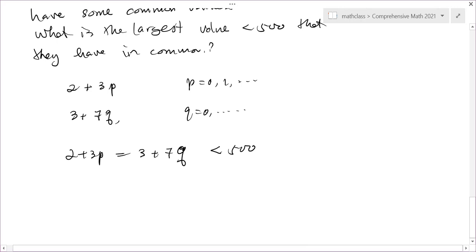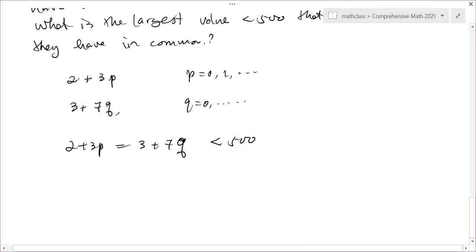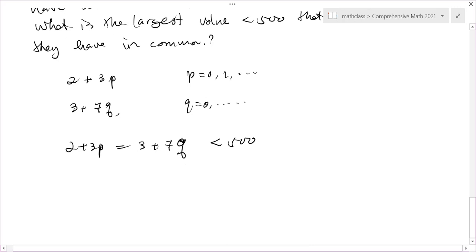So what I'm trying to do here is look at the largest possible value for this arithmetic sequence which is less than 500. So it's 497, and that is the largest number less than 500.